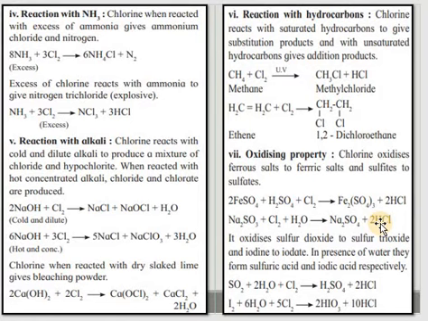It oxidizes sulfur dioxide to sulfur trioxide, and iodine to iodates. For example, SO2 reacting with chlorine and water will give you sulfuric acid and HCl. Iodine will turn into iodic acid, or HIO3, if it is treated with chlorine gas.